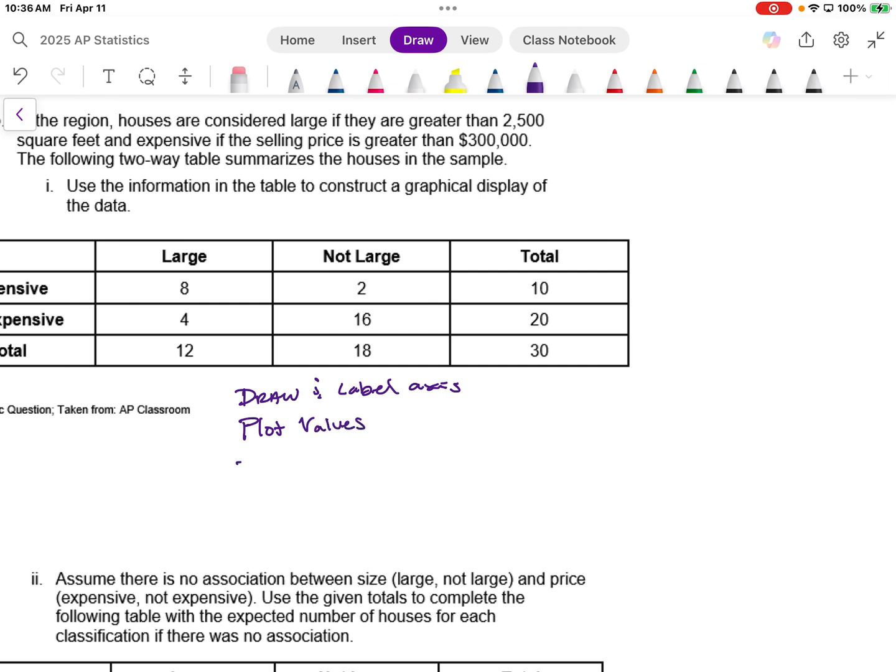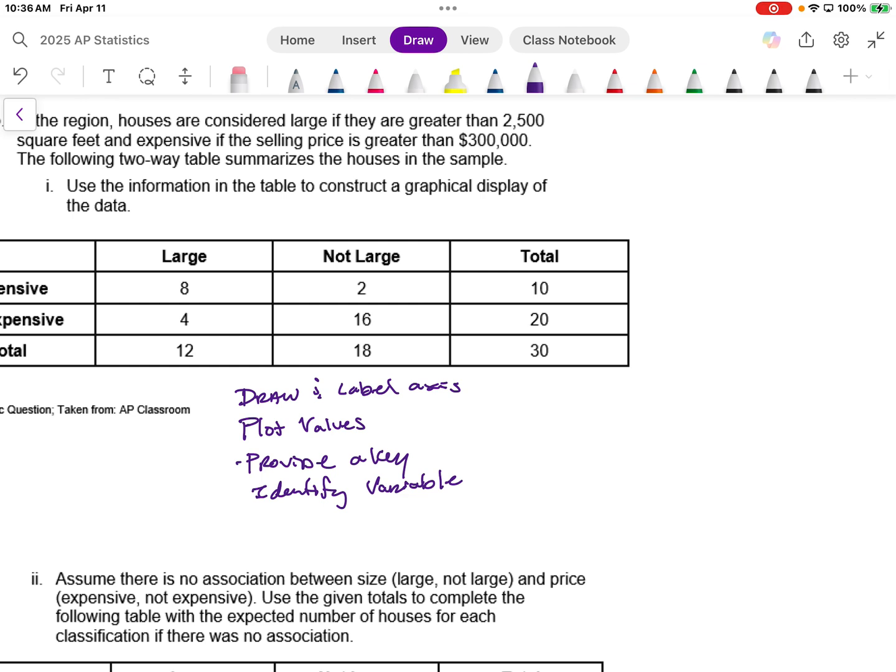We want to provide a key if needed, and also identify the variables. That's basically the labeling of the axes. When we label the axes, we think about putting the scale down there, but we want to make sure we use the two things we're talking about, selling price and house size, as our major variables.